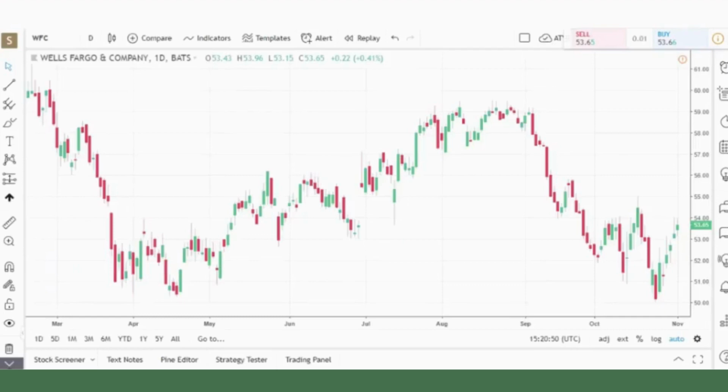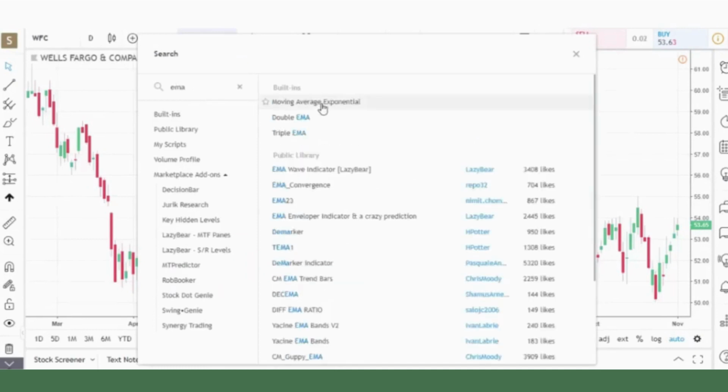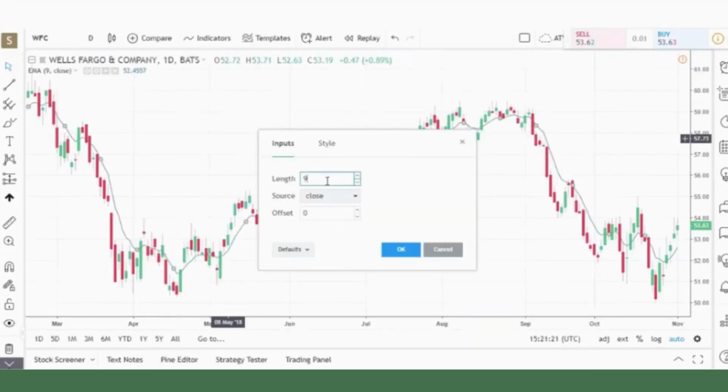Let's use a chart of Wells Fargo to demonstrate how we will use the exponential moving average. So we type in WFC in the upper left, and that gives us Wells Fargo. We move over to indicators, type in EMA. It comes up as moving average exponential. We're going to click that, go to format, and we're first going to look at the 50-day exponential moving average.